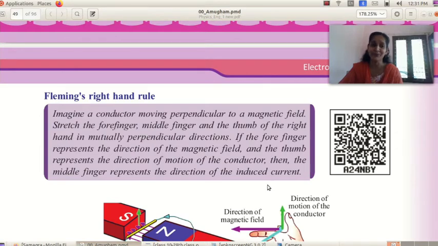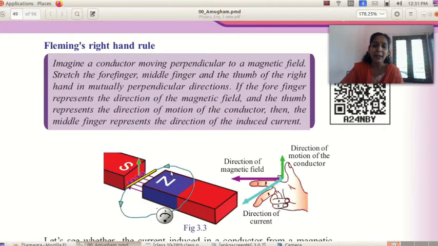According to this rule, imagine a conductor moving perpendicular to a magnetic field, like in the picture. You can see a conducting wire, a conductor. It is connected to a galvanometer. The blue color wire shows the conductor that is connected to a galvanometer.